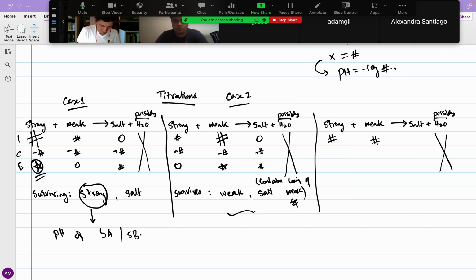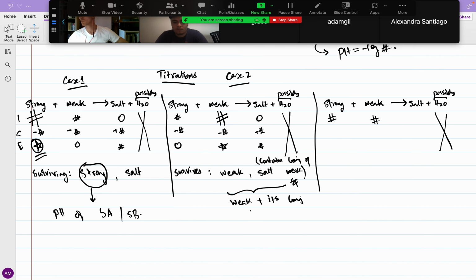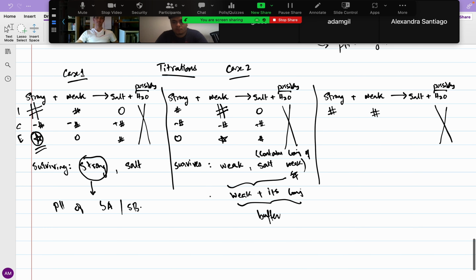So essentially, this is a weak plus its conjugate mixture, right? You have a mixture of weak and its conjugate. This combination is what we call a buffer. When you have a weak species and its conjugate simultaneously present to begin with, that's what we call a buffer.